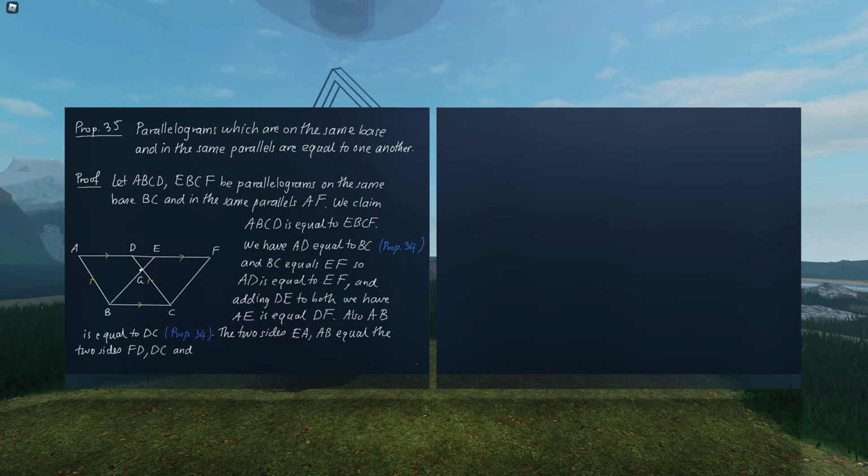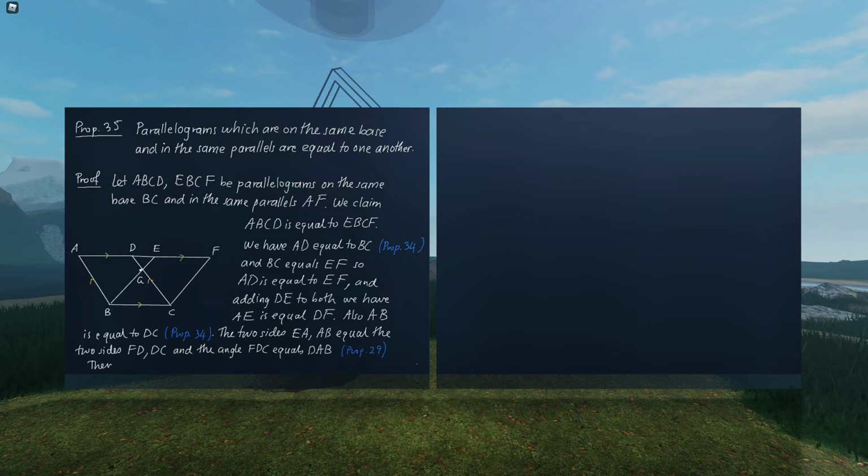And the angle FDC equals DAB, and that's by proposition 29. So that's using the fact that FDC is an exterior angle and DAB the interior angle of this arrangement here. Right? That's proposition 29.